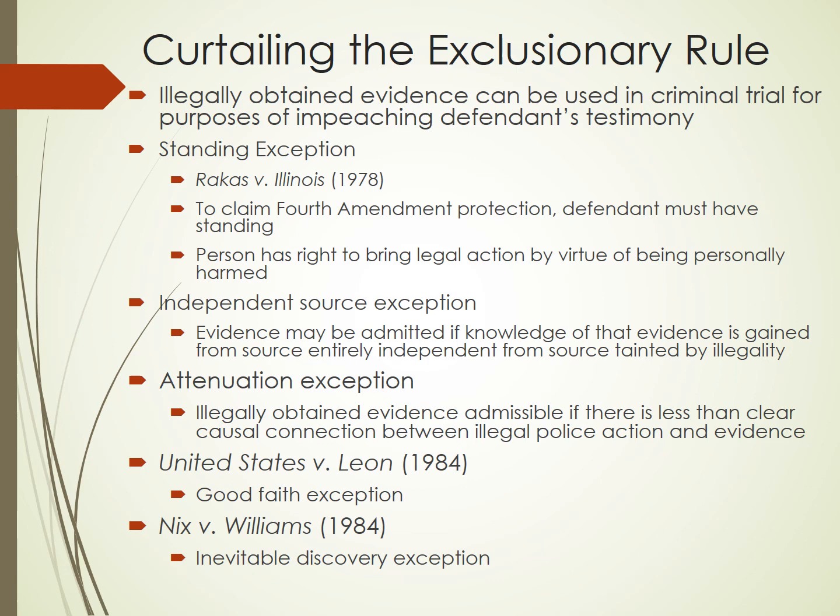Your text gives you the example of Wong Sun and the Supreme Court decision. Basically, if there's a big gap or a big differentiation in circumstances, the attenuation exception might apply if there's a less than clear causal connection.